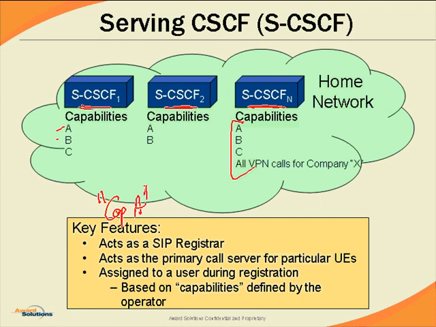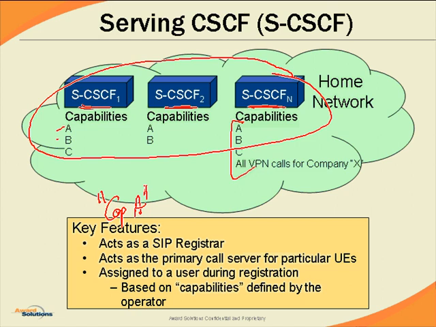So then we can do load balancing across the serving CSCFs. Also, the serving CSCF acts as a registrar, meaning it will do the authentication. This is IMS authentication. The MME does its own authentication, and the serving CSCF does its own authentication, for IMS registration purposes.